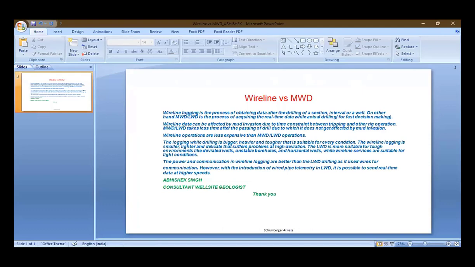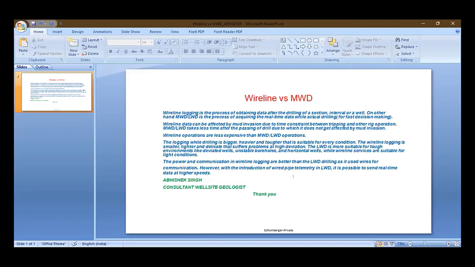So wireline logging is the process of obtaining data after drilling of a section. On the other hand, MWD, LWD is the process of acquiring real-time data while actually drilling, for faster decision making, like geosteering.